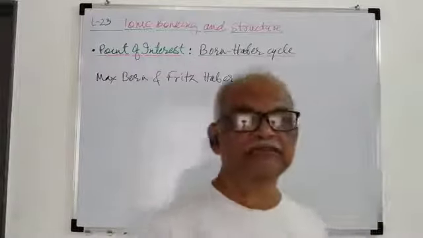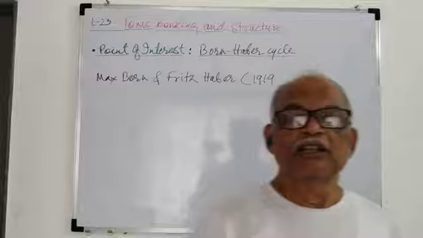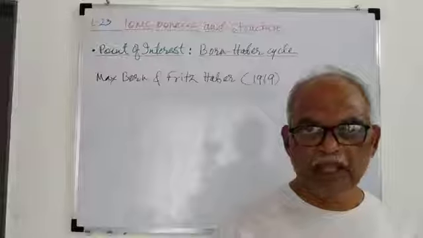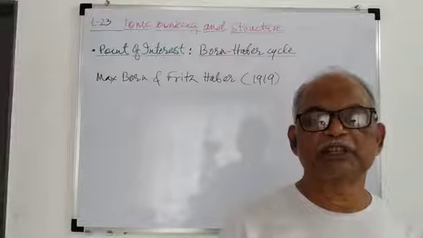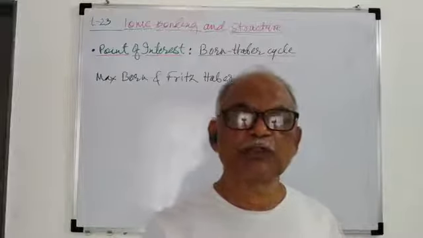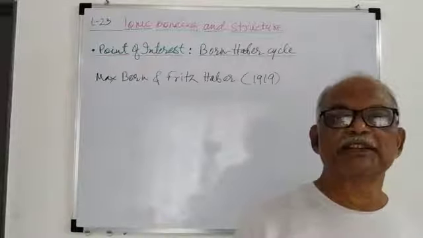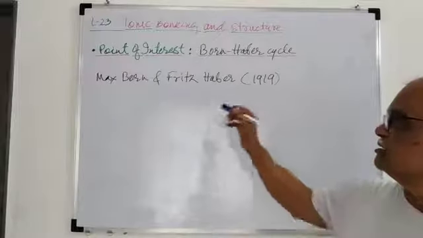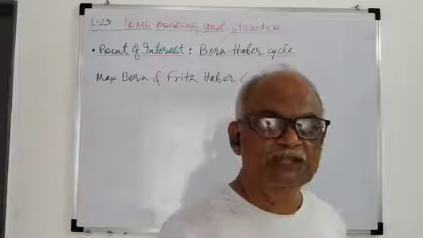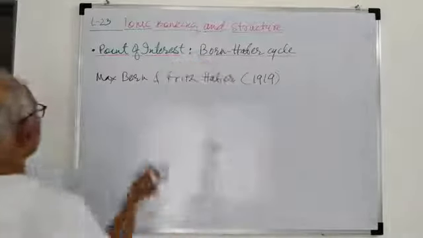During this process, he observed that the thermochemical quantities which are known to us can be used in order to find out the thermochemical quantities which we want to know. So the unknown thermochemical quantities can be obtained by using the known thermochemical quantities by this method developed by Max Born and Fritz Haber.